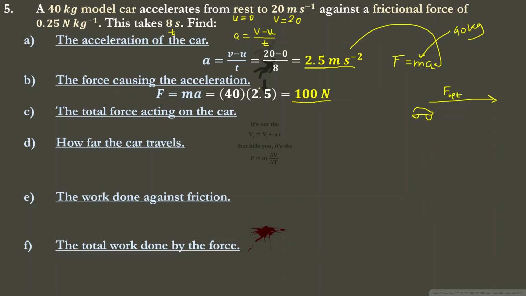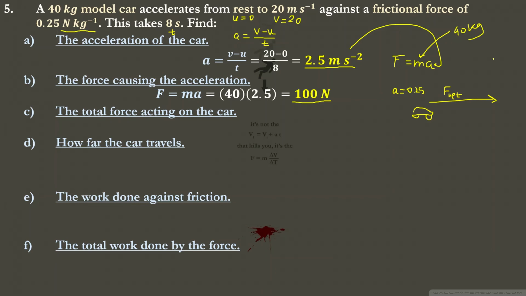The reason why we have F net is because there is some kind of frictional force. And according to this question, the frictional acceleration is 0.25. So where did I get acceleration as 0.25 from? From this equation here.